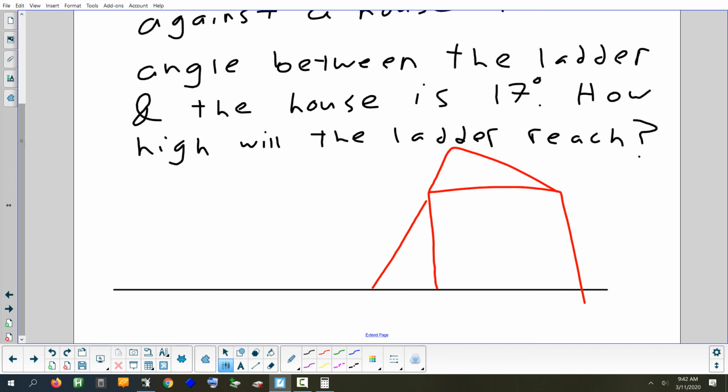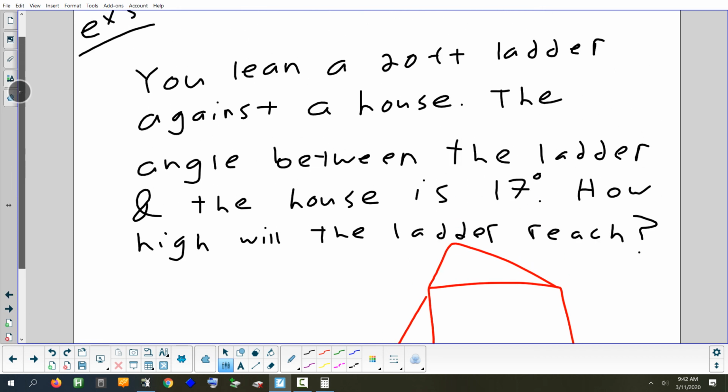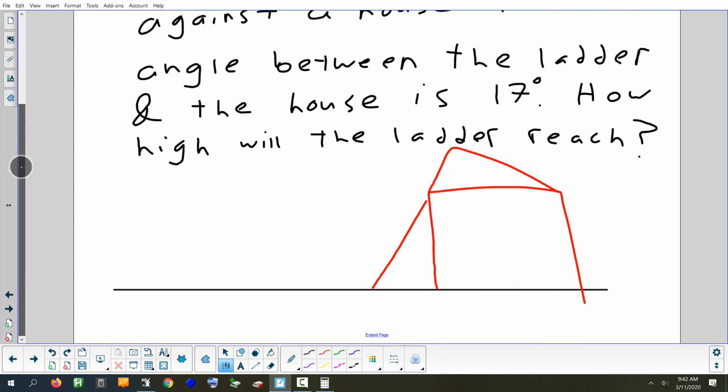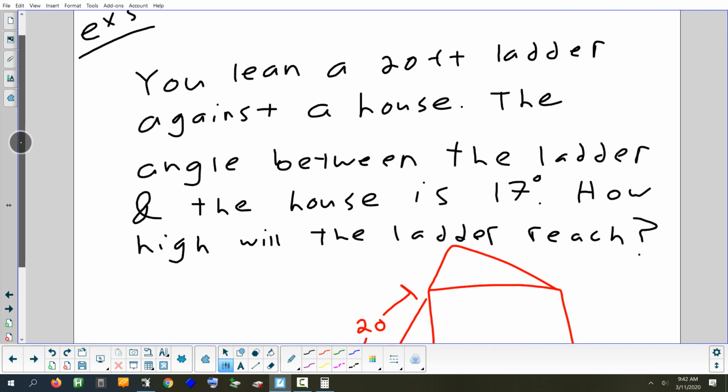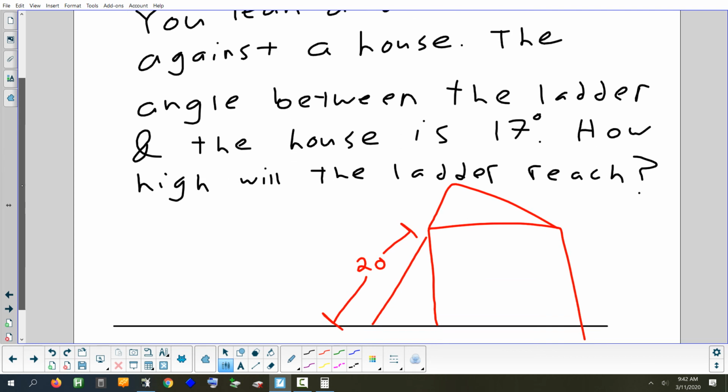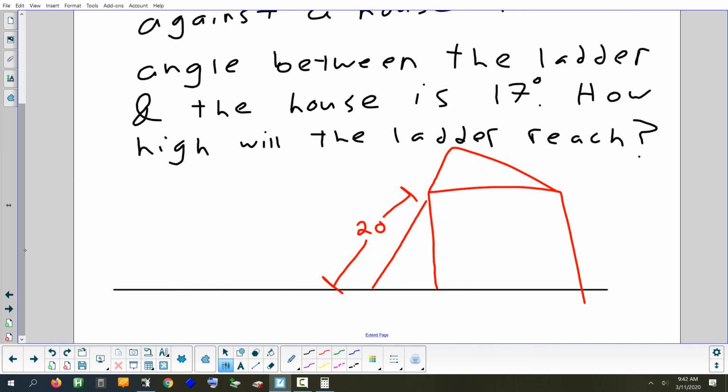What do we know about the ladder? We know 2 things about it. It's 20 feet. So when they say 20 feet, they mean that. And what else do we know? Where is that in the picture? The angle between the house and the ladder.